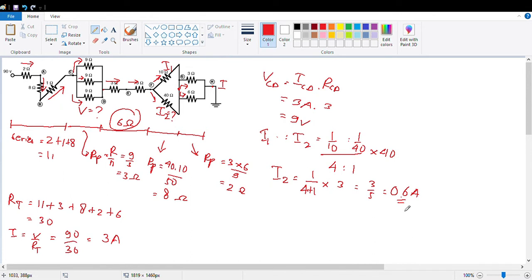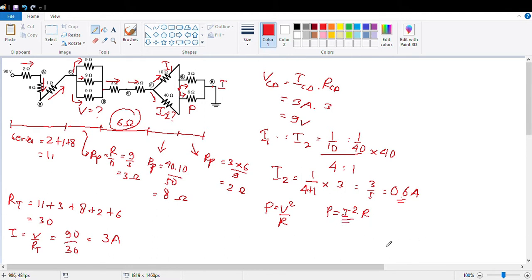Okay, the next is calculate the power dissipated by the 6 ohm. So the power in here. I really suggest you guys, when you want to count the power, you can use V square per R, or power is I square times R. I think the safest one is this one.